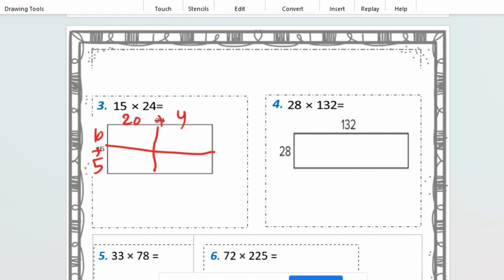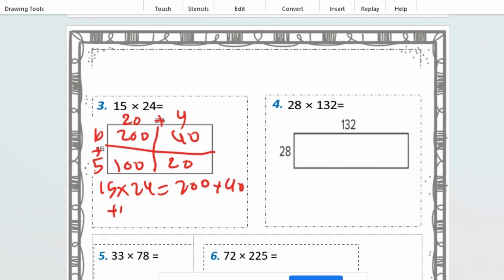20 times 10 is 200. 10 times 4 is 40. 5 times 20 is 100. And 5 times 4 is 20. We are just going to add. So 15 times 24 equals 200 plus 40 plus 100 plus 20.